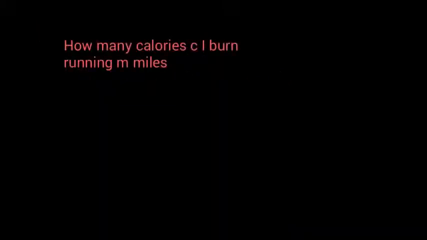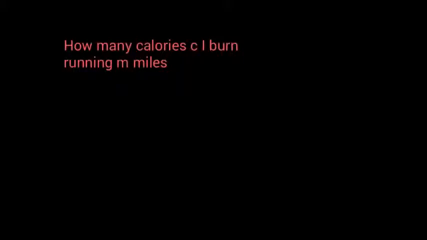Alright, so how many calories I burn running m miles. So c and m are my variables, and I need to figure out which one's dependent on which. Every morning I get up and I run. I can choose how many miles I run. What I can't choose is how many calories I burn running a mile. My body does that for me.